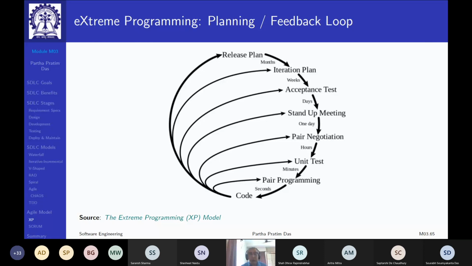Actually, it helps to get the right quality and usually within the given cost. So pair negotiation and pair programming. Pair negotiation is where you discuss and agree who will do what and how it should be done and so on. That's done on an hourly basis. You have unit tests happening in minutes because we are doing the test driven, and then at levels of seconds we are doing pair programming.